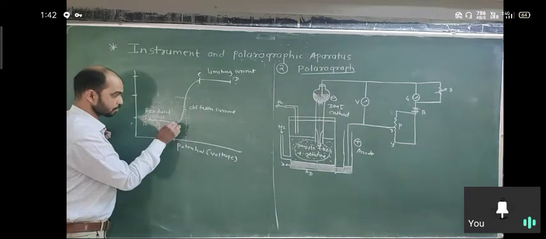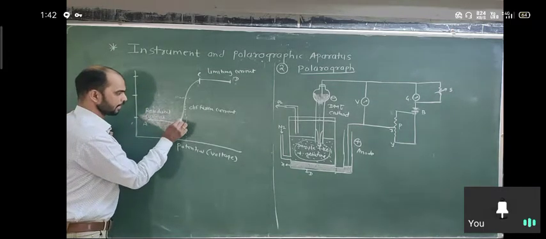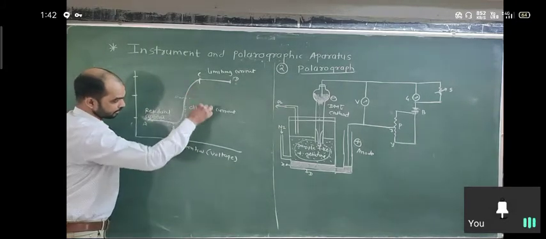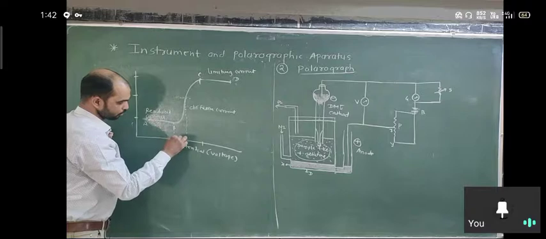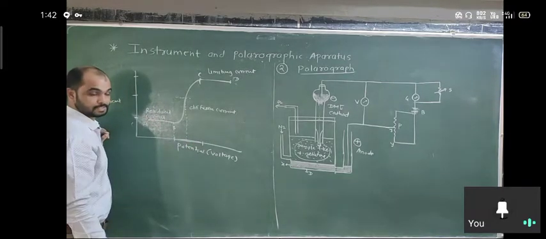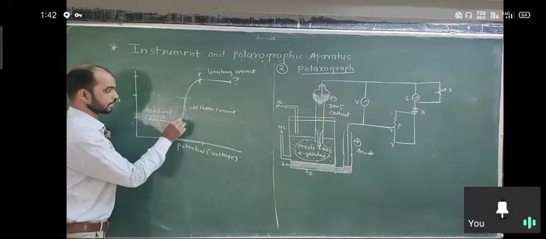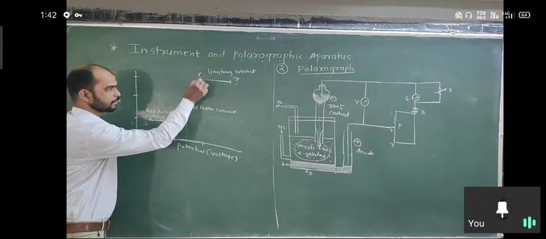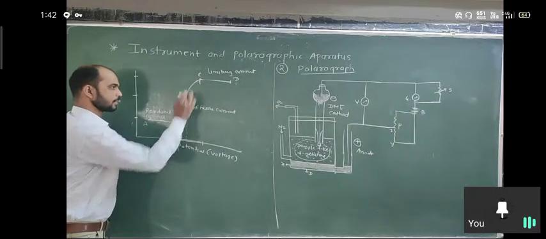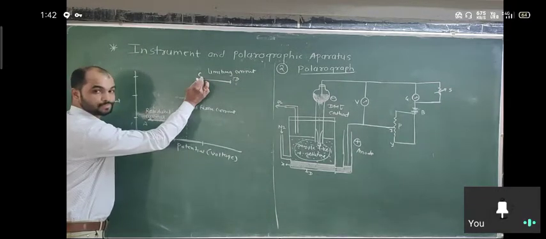So reduction begins from point B and increases up to point C. Between these two potentials reduction actually takes place. Here reduction begins and reaches the highest point. So from point B to C there is actual reduction, increasing the current flowing through the sample.